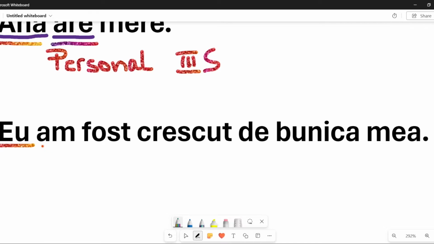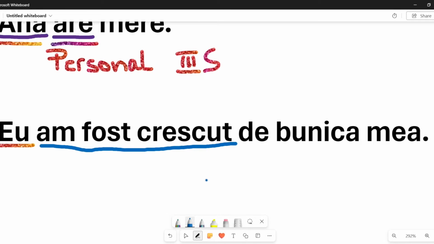The verb is am fost crescut, all together. But the one who actually did this action, right, is bunica.